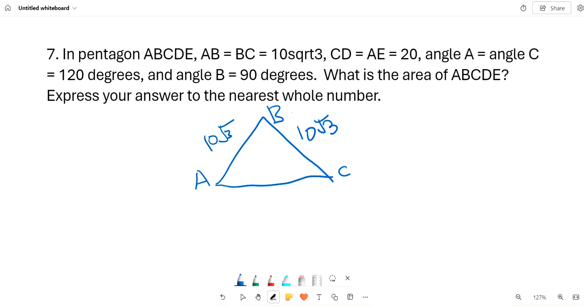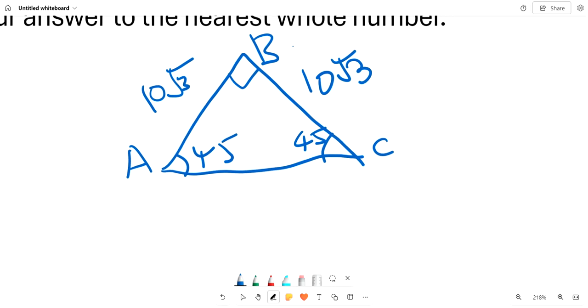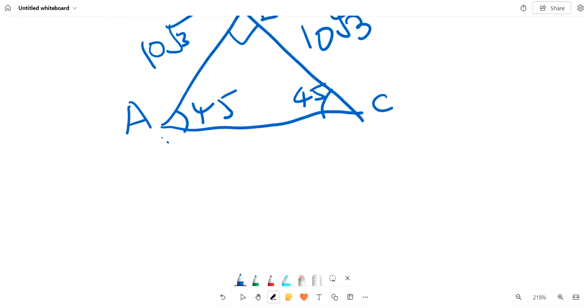And then we know that CD equals AE equals 20. And angle A equals angle C equals 120 degrees. We also know that because it's a right triangle and it's isosceles, these two are both 45. And we know that angle A equals angle C equals 120 degrees, so the other part of angle A would equal 75 degrees.